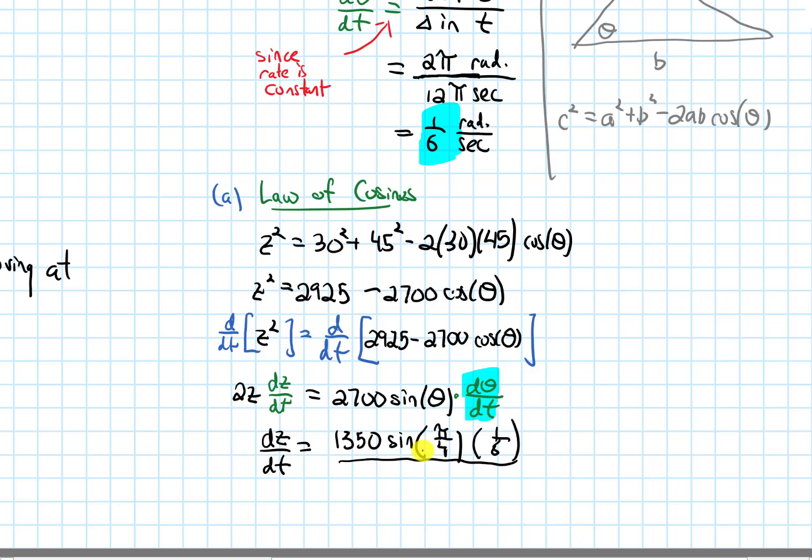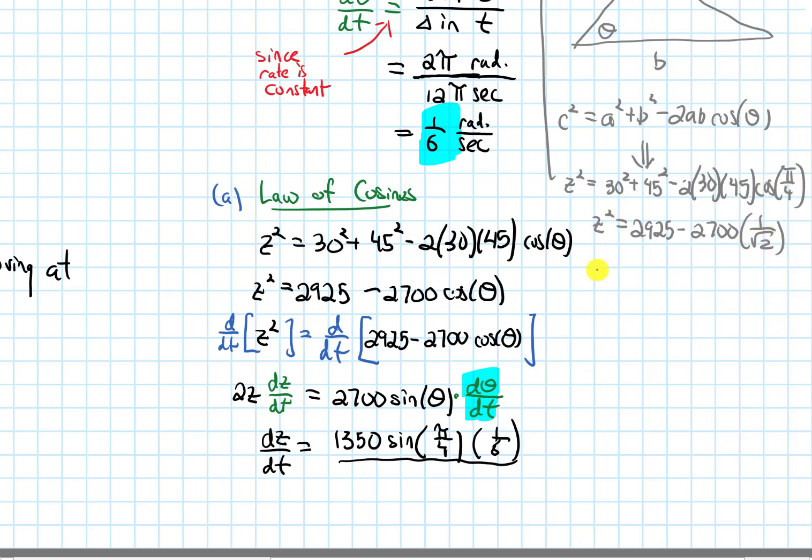Well, to find z, I've got to plug my numbers into law of cosines, including the angle. So z squared equals 30 squared plus 45 squared minus 2 times 30 times 45 times cosine of pi over 4. If we simplify this, we'll get z squared equals 2925 minus 2700 times cosine of pi over 4, which is 1 over root 2.